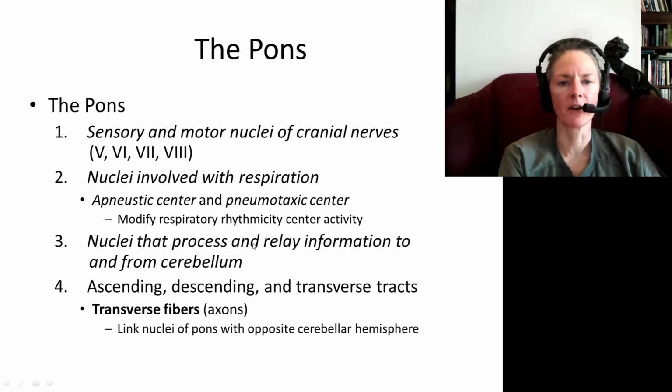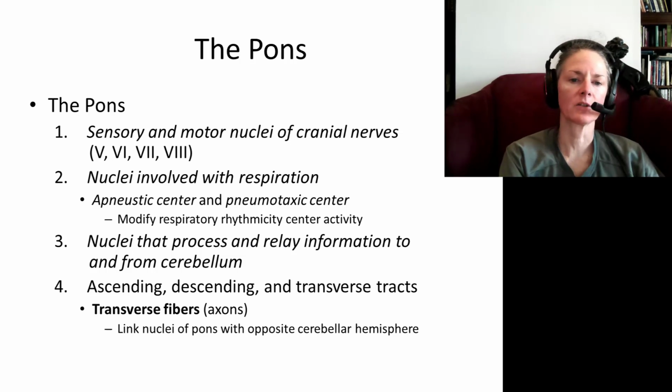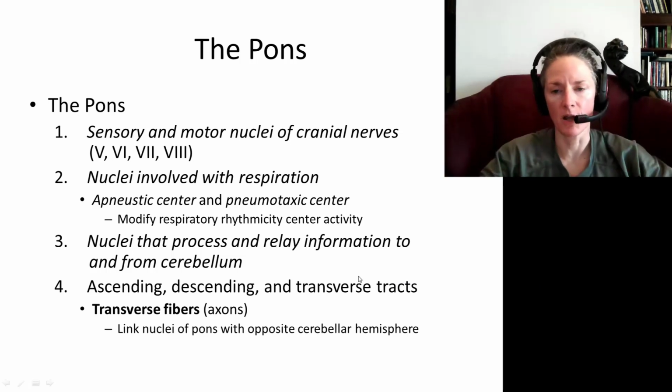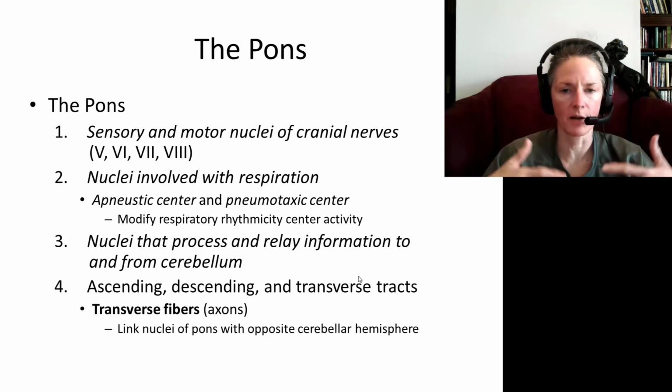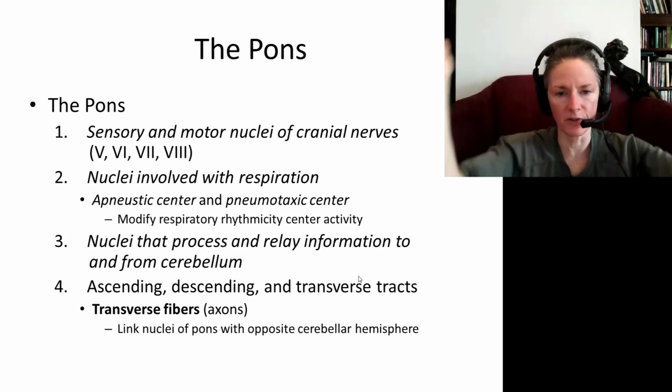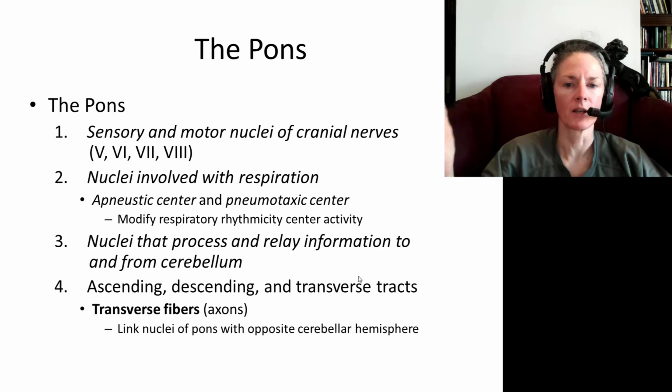We will also have some nuclei that are going to be relaying information to and from the cerebellum. And we're going to have ascending and descending tracts that are going to be relaying information from lower areas such as the spinal cord and the medulla oblongata up to the thalamus and other brainstem areas, as well as the cerebrum eventually.